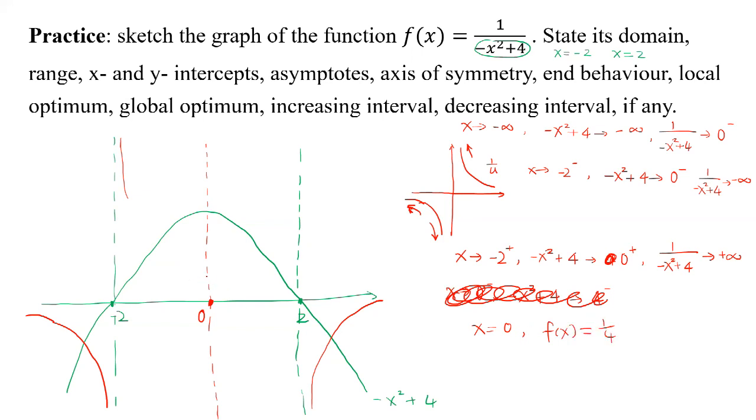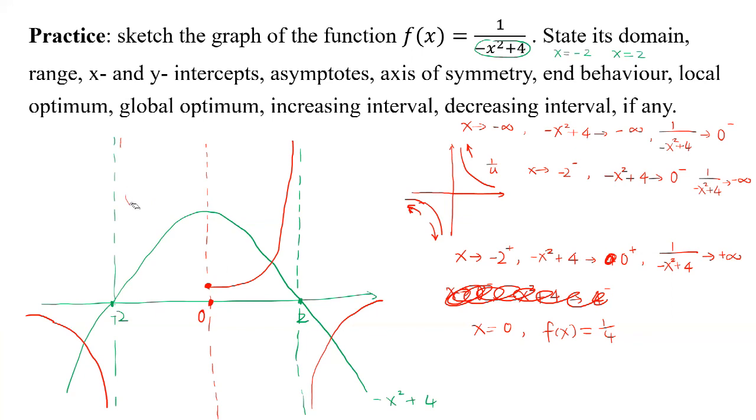So when x is 0, f(x) is 1/4. This means the left branch of the middle should have a pattern like this. According to the line of symmetry, we have the other branch like this.